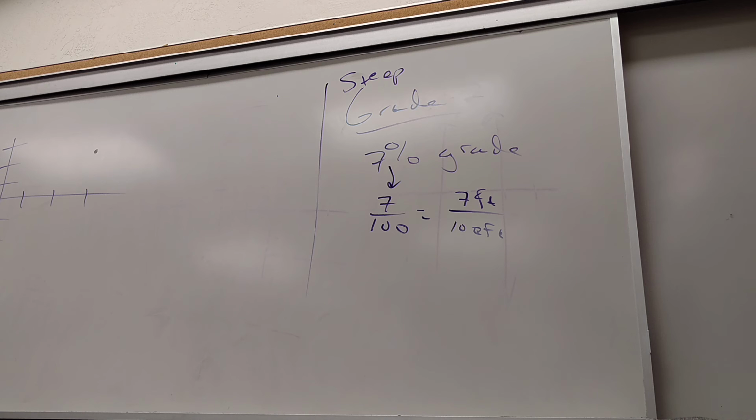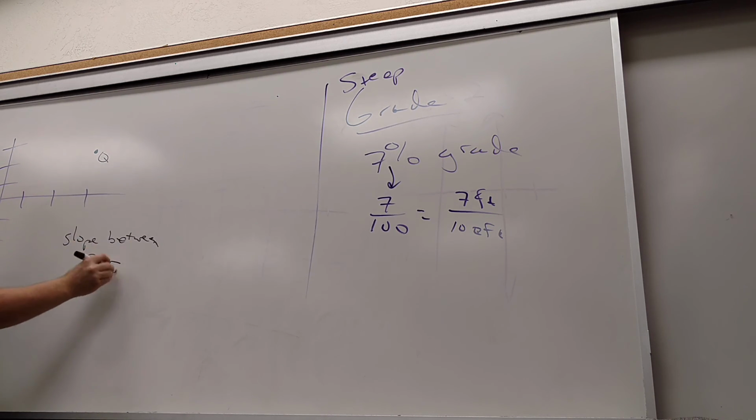What's the slope between those 2 points? I'll call this point P, and I'll call this point Q. So I'm asking what's the slope between P and Q?